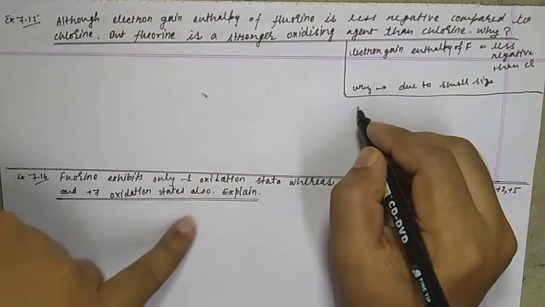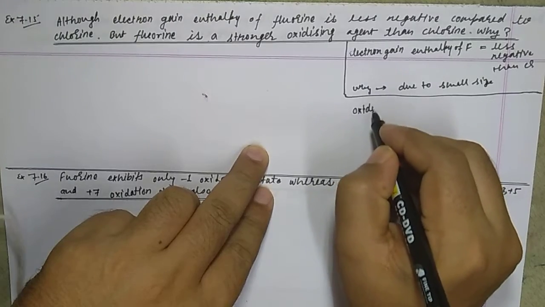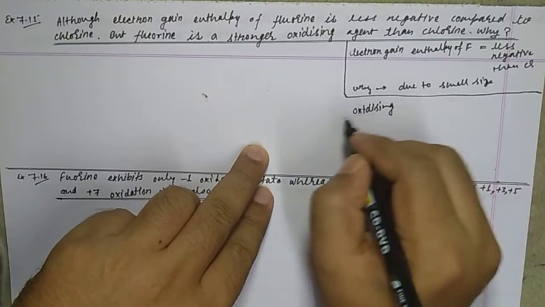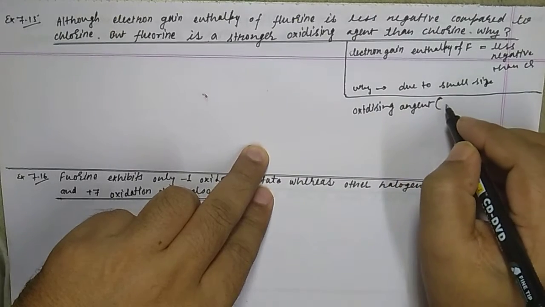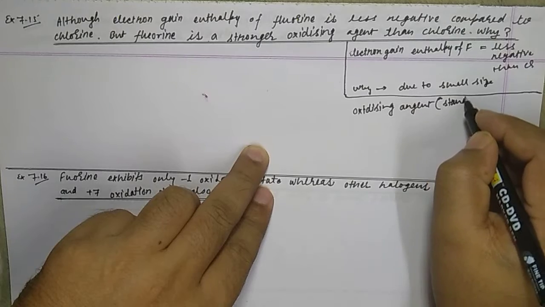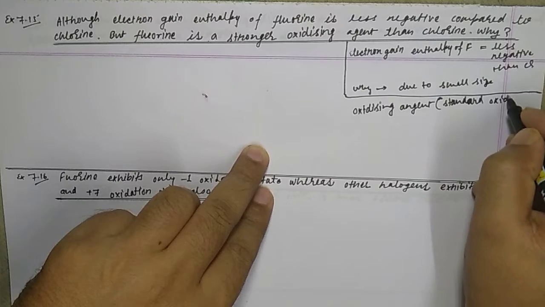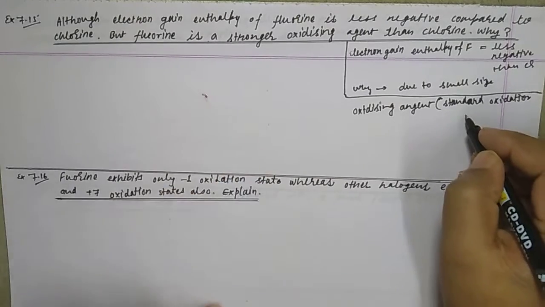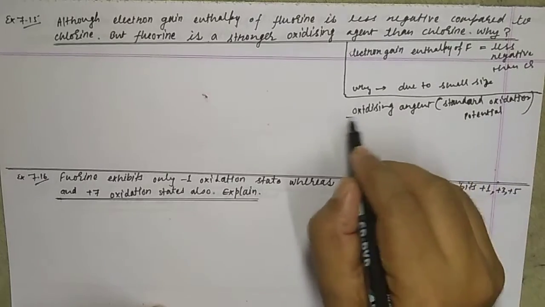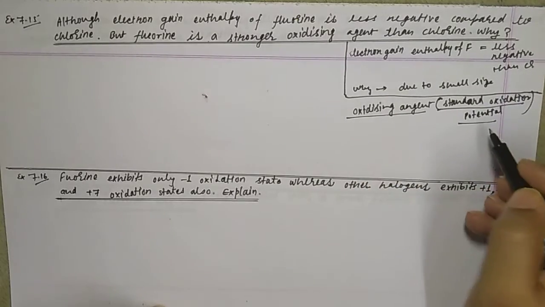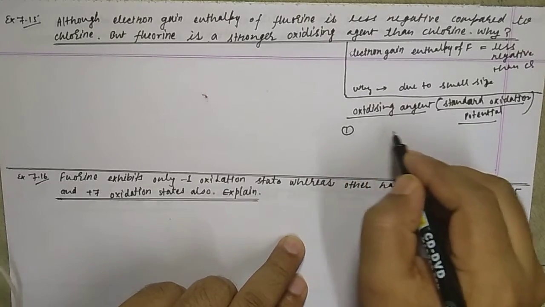When you explain the oxidizing agent, in brackets I am writing standard oxidation potential. This standard oxidation potential depends not only on electron gain enthalpy.